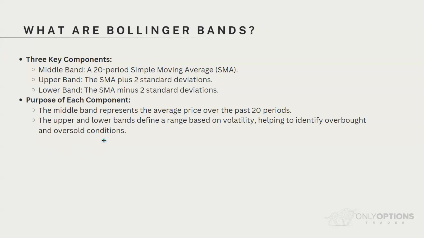So the purpose of each of these components, and this is where it's going to start answering your question, is that the middle band represents the average price in the last 20 periods. So that's why my middle lane is very important to know. How do we use the upper and lower band? It's just to define the range of volatility.